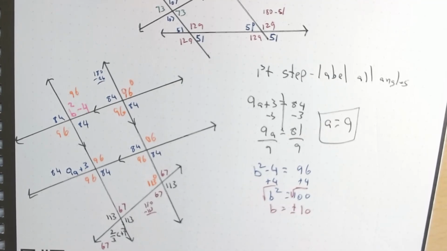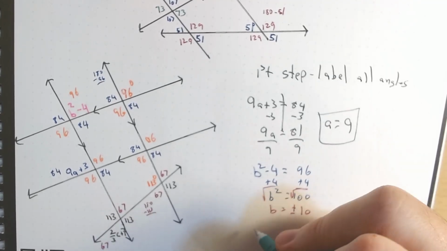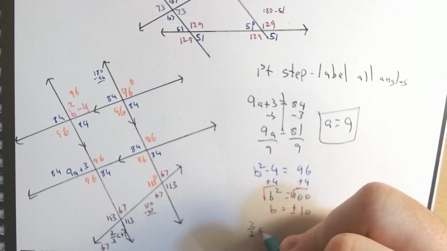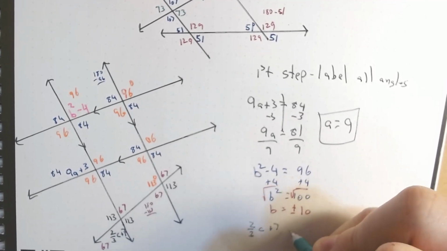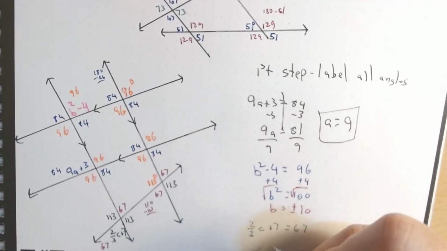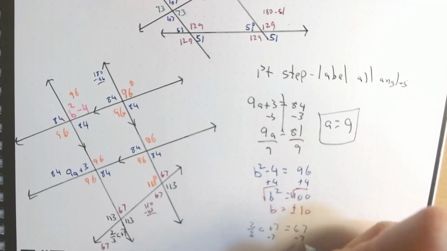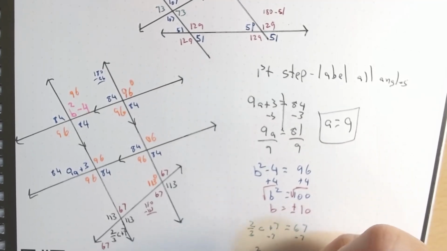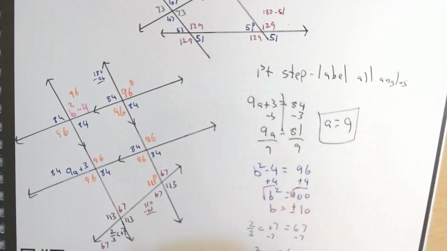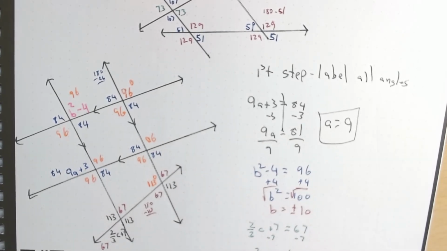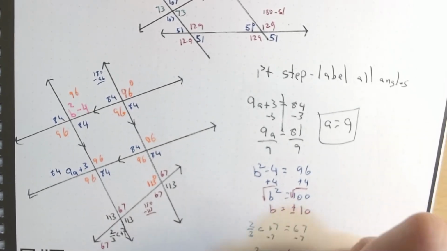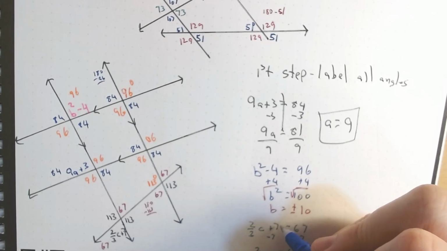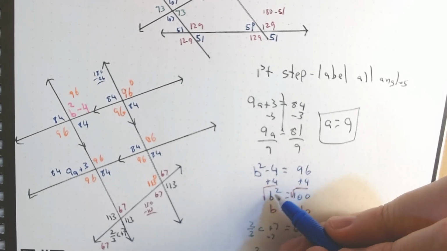And then the last one, 2 over 3c plus 7 equals 67. Minus 7, minus 7. 2 over 3c equals 60. Got two options on how to do this. How I would normally do it is the opposite of 2/3, because we always do opposites. Opposite of plus 7 is minus 7. Opposite of squaring is square rooting.